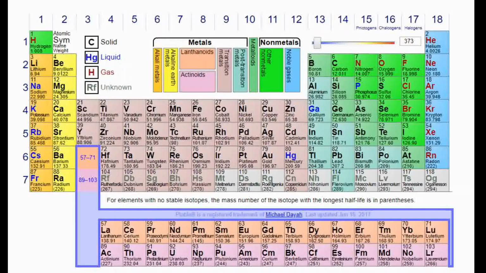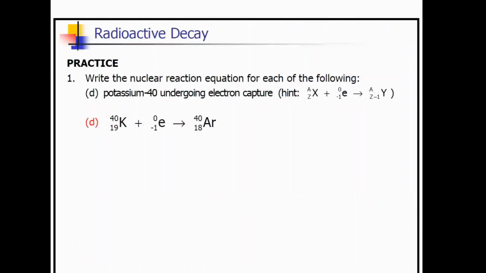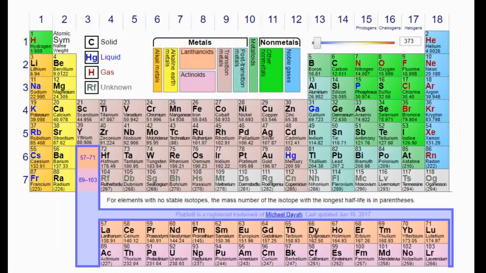And then lastly here, showing electron capture. This is when we have it written on the left side. So we add the electron to our potassium 40. And we're left with argon 40, 18, because we move left on the periodic table, which I'll show you here because it does actually jump to the other side.